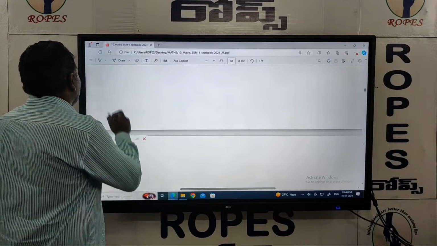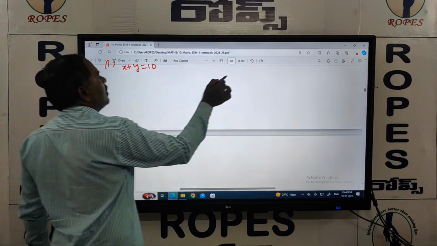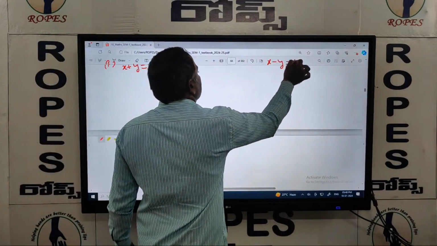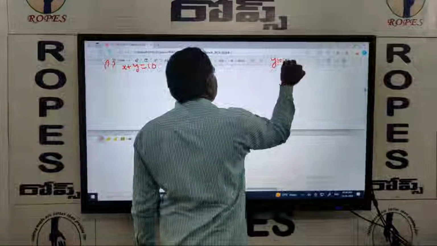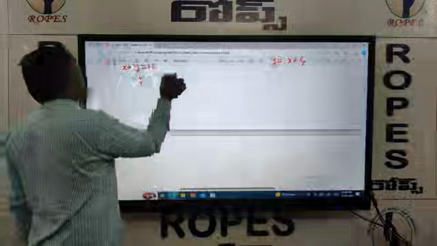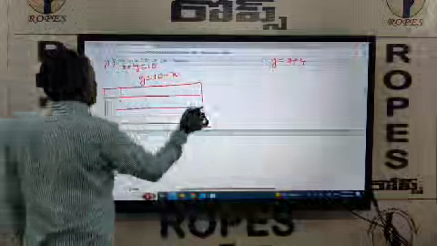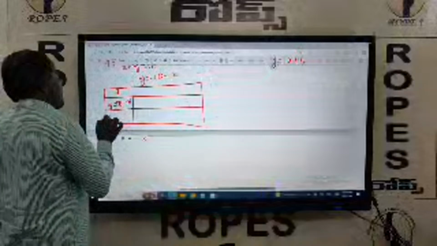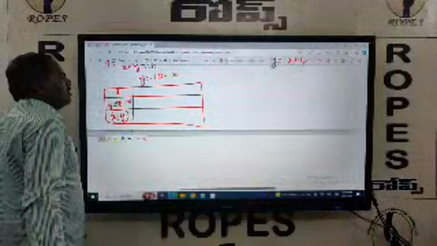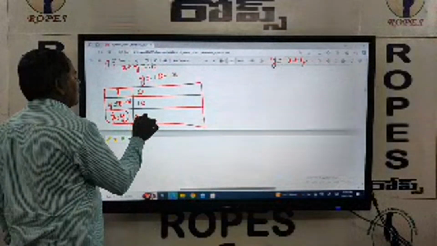So here we have X plus Y is equal to 10, and X minus Y is equal to 4, that is Y is equal to X plus 4. For the first, if you draw the table, it is X, Y, where Y is equal to 10 minus X. If we take X as 0, then Y is 10, so the point is 0 comma 10.